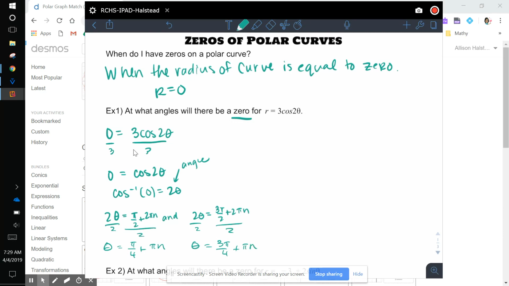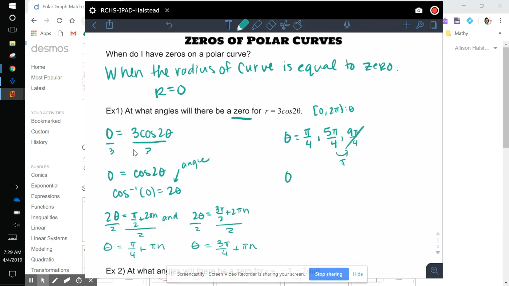We're going to find all the zeros between 0 and 2 pi for theta. So I'm going to look at my first equation. I can see that theta can equal pi fourths, plus pi would give me 5 pi over 4, and then plus pi would give me 9 pi over 4. That's too big.